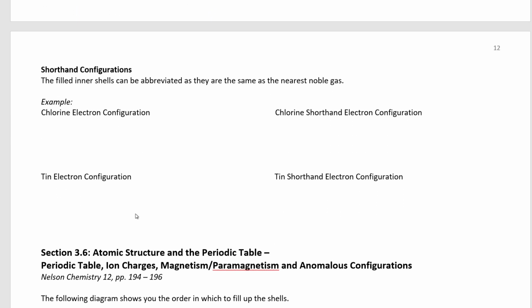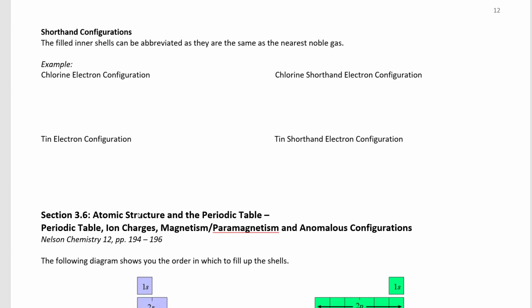Continuing on, if we look at the shorthand configurations, the filled inner shells can be abbreviated as they are the same as the nearest noble gas. So if we do the total electron configuration for chlorine, that would be as follows.